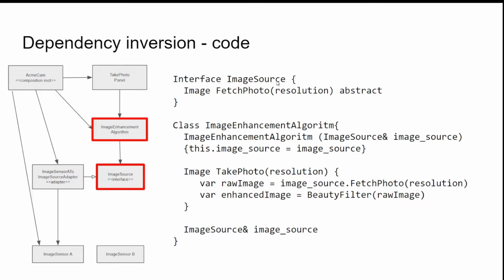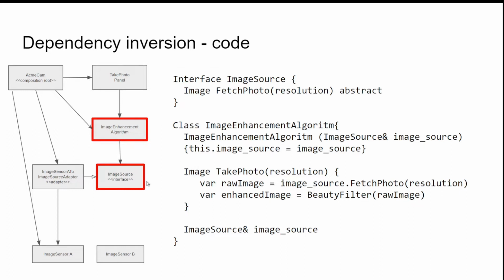It is expressing that I need an image from whatever source it is, and then I want to fetch the next photo. And then in this image algorithm, what we need is that we don't care from which sensor or from which source the image comes. We only care that we need a photo wherever it comes from, and then we will process it, and that's all, and then we will return it back in this function.